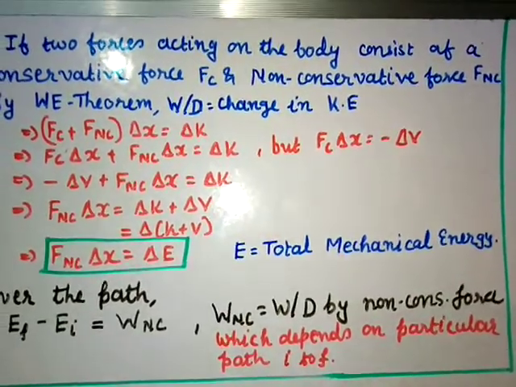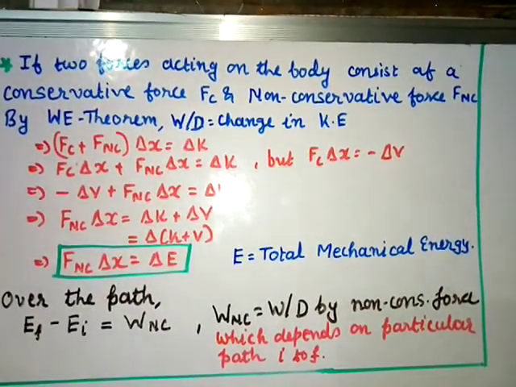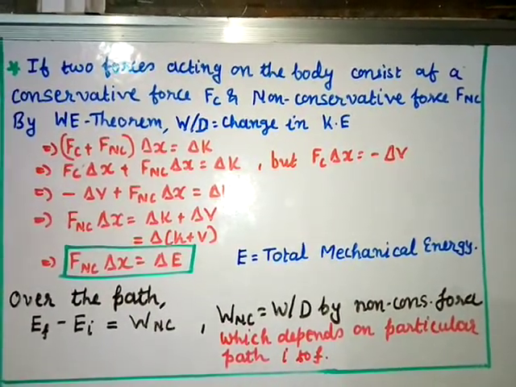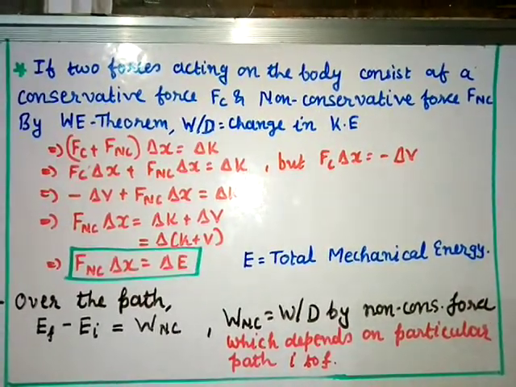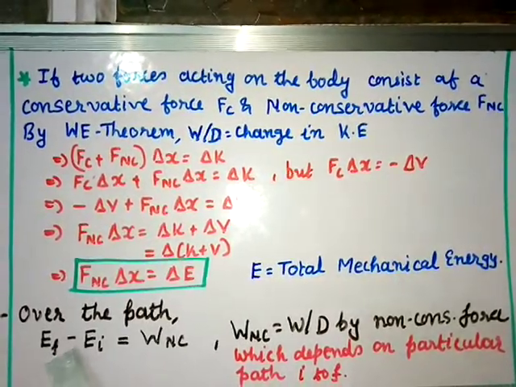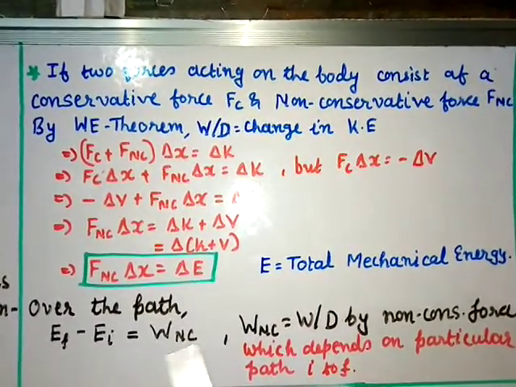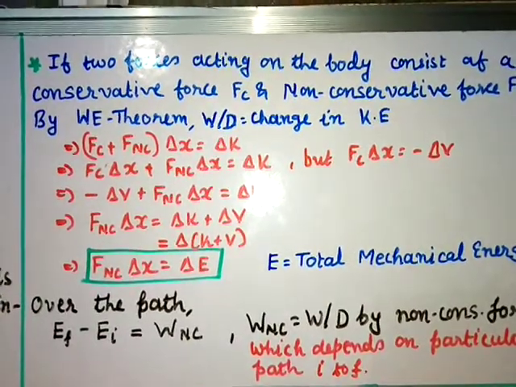So when a body has two forces, conservative as well as non-conservative, we get the relation Ef minus Ei equal to Wnc, the work done by the non-conservative force. We'll keep this much for today. Thank you very much.